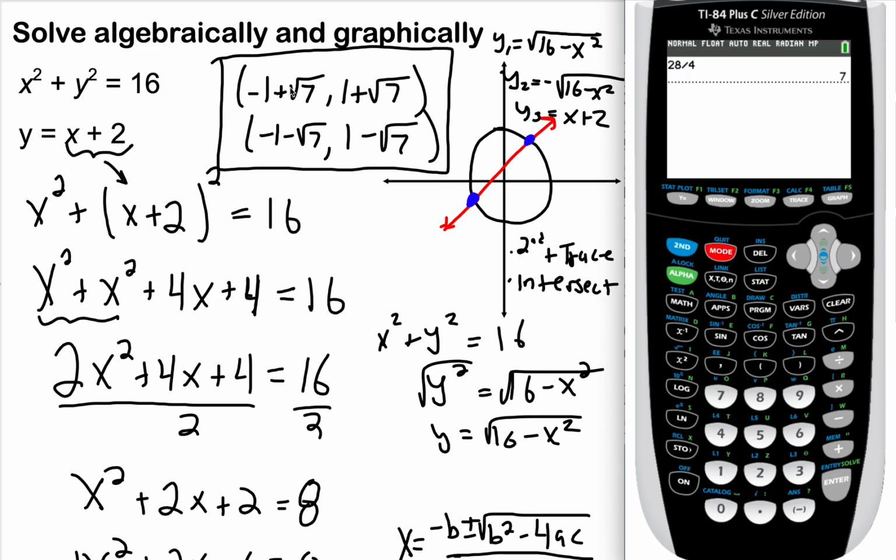This is the first intersection point, and I know that because of the plus. So let's do -1 plus the square root of 7. And let's see what we got. It's about 1.64 and some stuff.